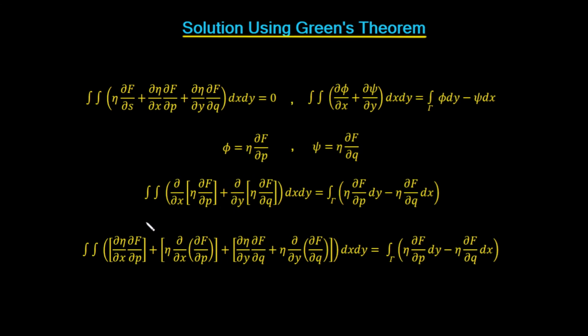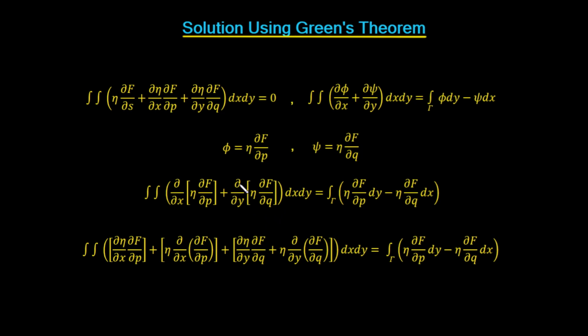So we'll do the first one just now. We're going to have our partial eta by partial x, and then we'll multiply it by what's left over, partial f by partial p. And then we'll differentiate the second term, so it's going to be partial by partial x over partial f by partial p, and we'll multiply it with what's left over, which is our eta. So we'll get these two terms here. Now we do exactly the same thing with this term here.